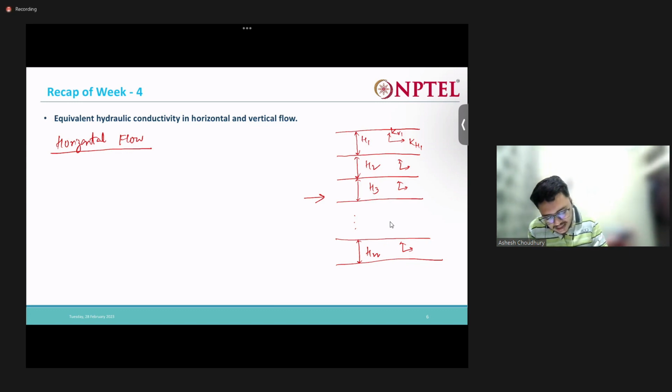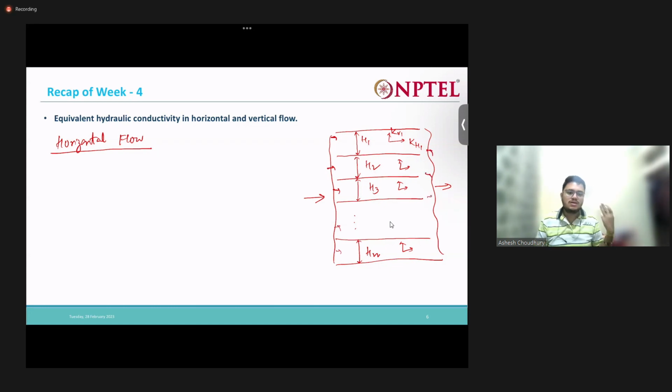Some input is there from this side, and we get some output from this side. Water flows into the soil, gets divided into all these parts, and then we get an equivalent output. Think of it in terms of electricity, it is easier to visualize that way: the flow of current gets divided like this, and then we get an equivalent output.